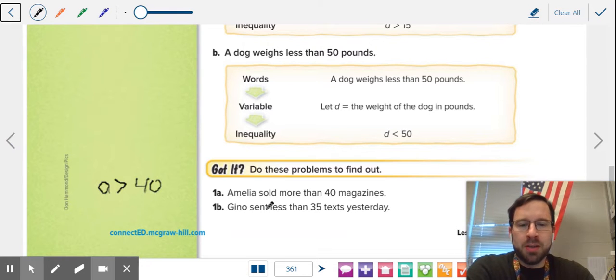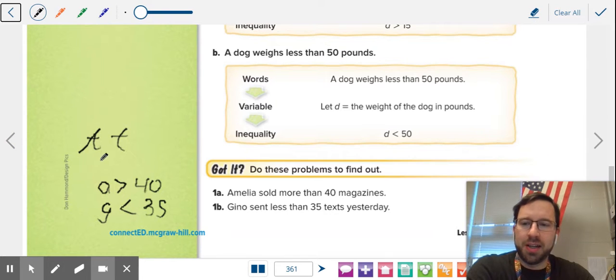So here we go. Gino sent less than 35 texts yesterday. Less than 35. You could have put T for texts, right? Kind of put like a fancy T, or you could do like a cursive T if you want to go. It looks like an A actually, if you do that.